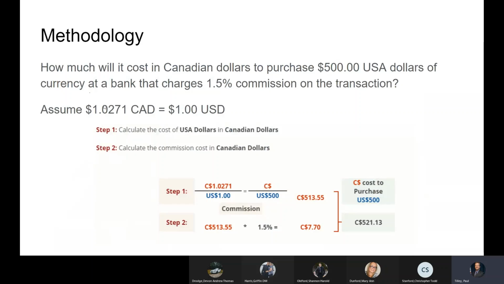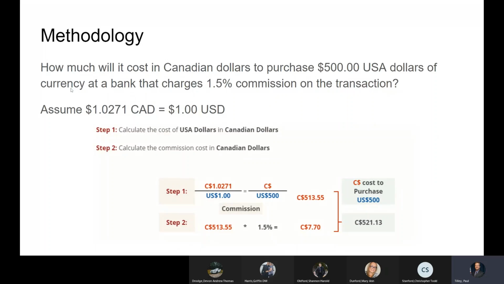If this is the relationship, 1.0271 Canadian equals 1 US dollar, and we want $500, then it's simply 500 times that. And that will be 513.55. Right? So we're just multiplying it up by 500. So it would cost 513.55 Canadian dollars to buy $500 US.